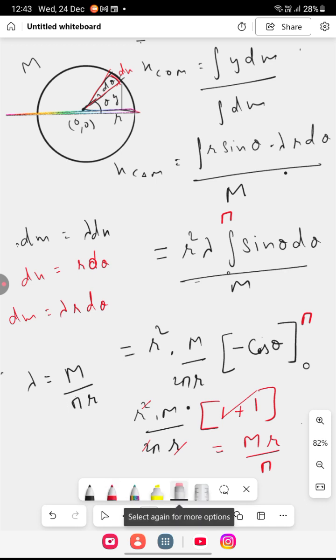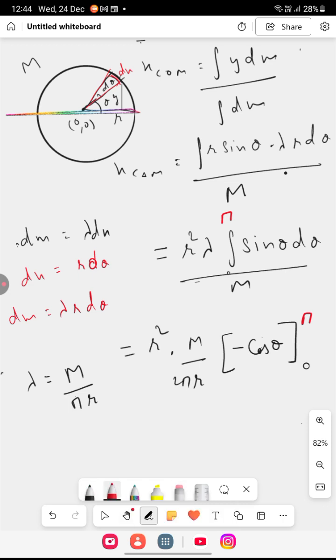It will be pi r, r square, M upon pi, and this M here will give us 2.